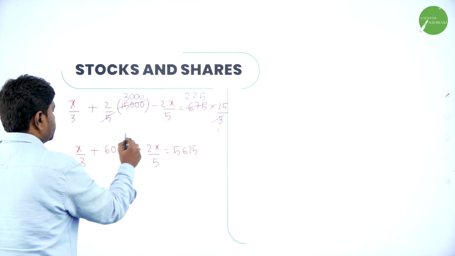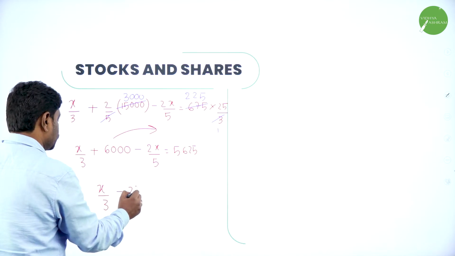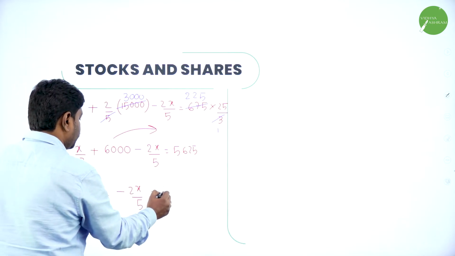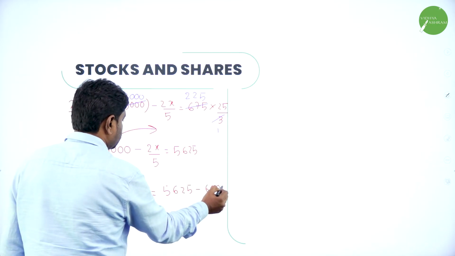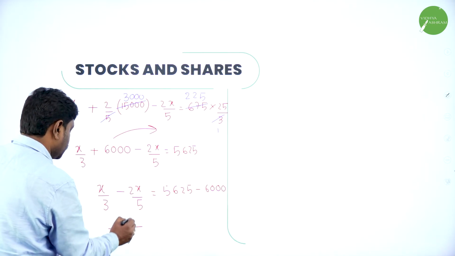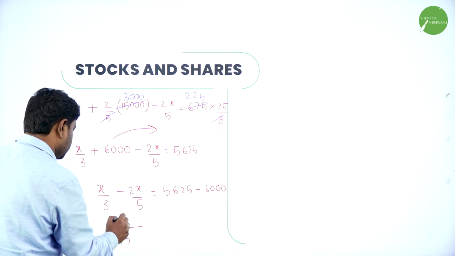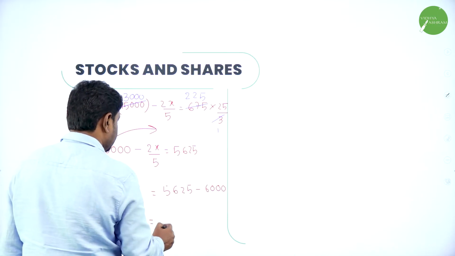Now transfer this number to RHS and you will be left out with x by 3 minus 2x by 5 is equal to 5625 minus 6000. Now take LCM. 3 and 5, LCM is 15. 5 into x is 5x minus 3 2s are 6x is equal to, subtract this.